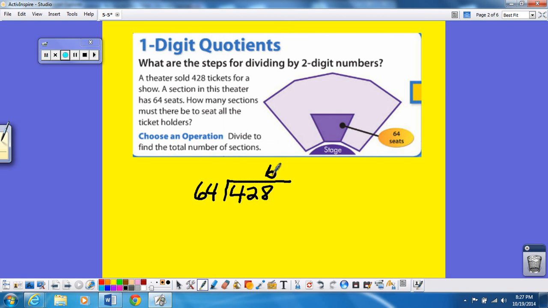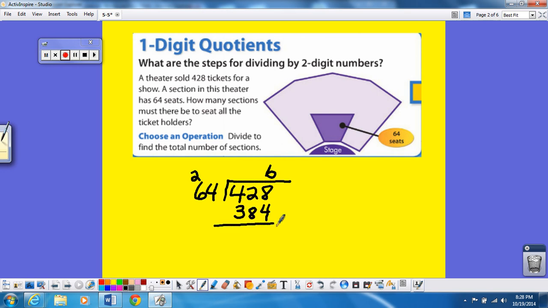Okay, notice I put the 6 on top of the 8 because 64 does not go into 4. It does not go into 42. So we're looking into this entire number, okay? 6 times 4 is 24. Put down your 4, carry your 2. 6 times 6 is 36, plus 2 is 38.